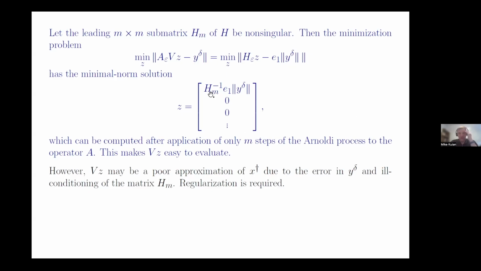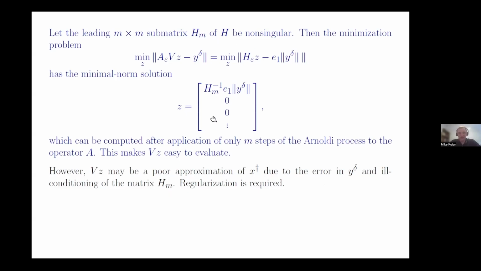Okay, but here is another problem: this new small problem can also be ill-posed. So the matrix H_m can also be relatively ill-posed. So we can regularize it one more time.